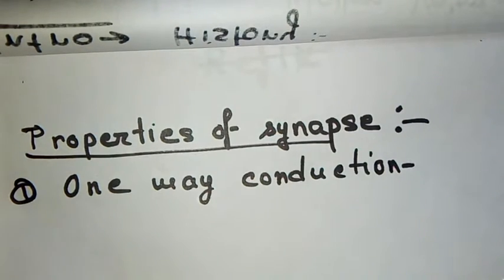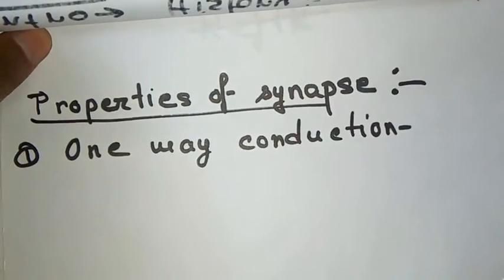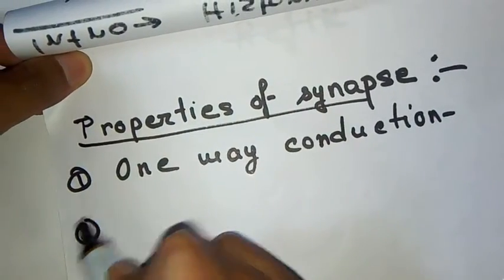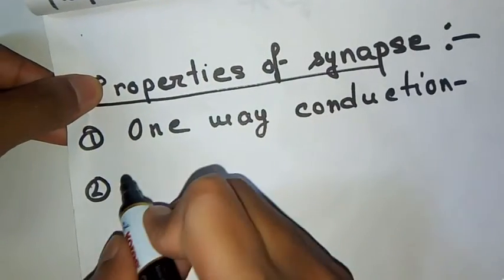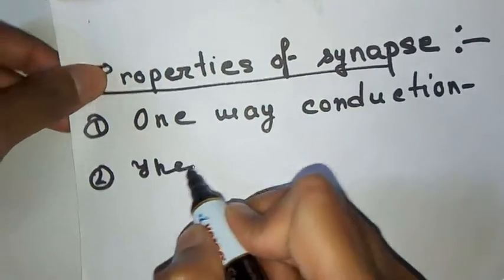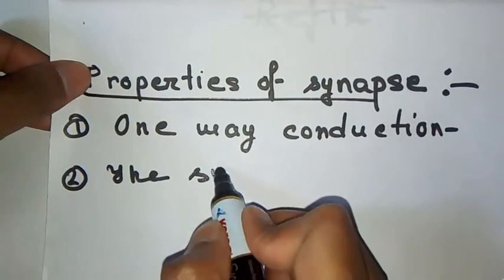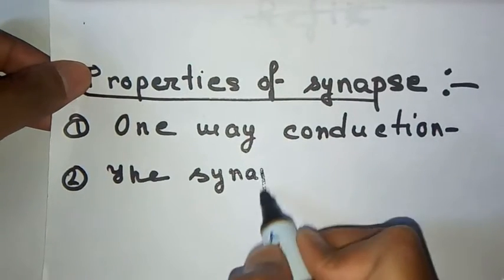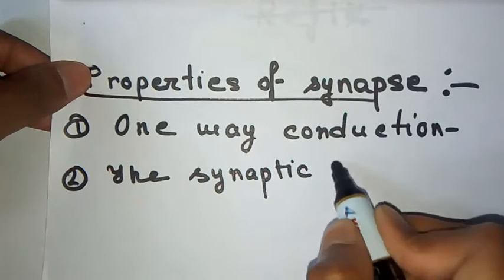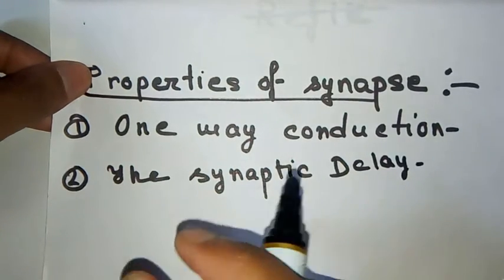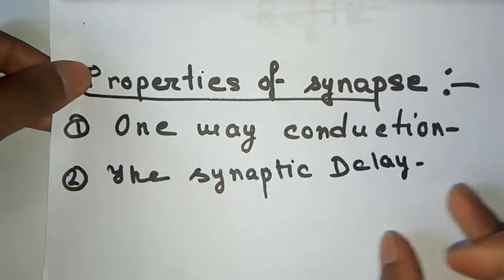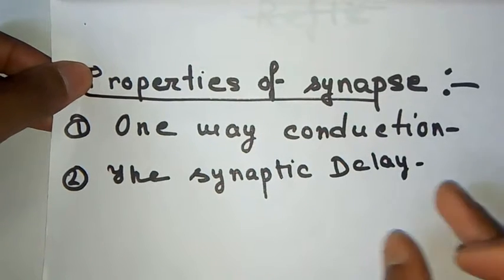Number two is synaptic delay. During the transmission of impulses via the synapse, there is a little delay in transmission. This is called the synaptic delay.